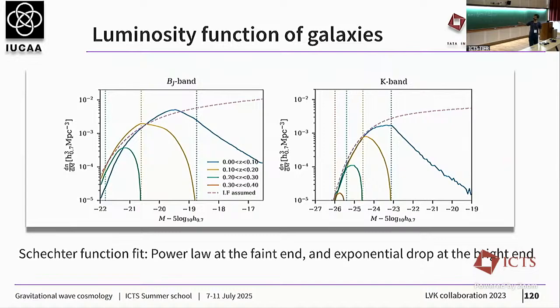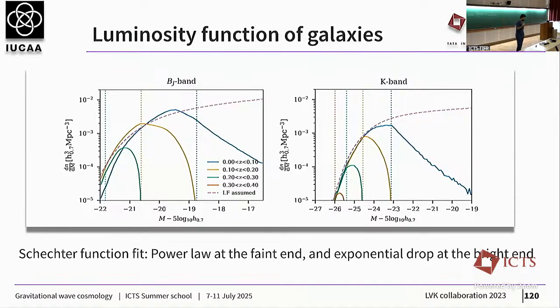Okay, so this behavior for the luminosity function, you can see that it looks like a power law at the faint end, and then an exponential drop-off as you go to the bright end. This is something that you may also see from theory. In theoretical models, it's very hard to predict what the luminosity function will look like.